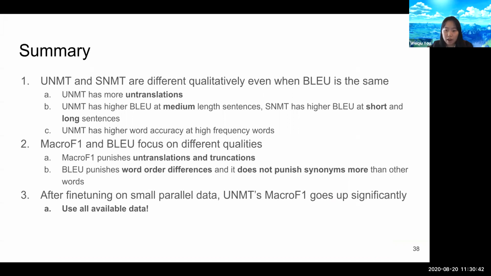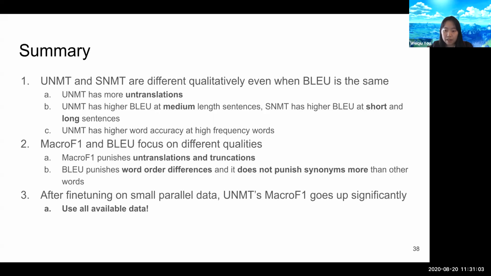In summary, UMT and SNMT are different qualitatively, as UMT has more untranslations, higher BLEU at medium length sentences, and higher word accuracy at high frequency words. We also showed that macro F1 and BLEU focus on different properties.